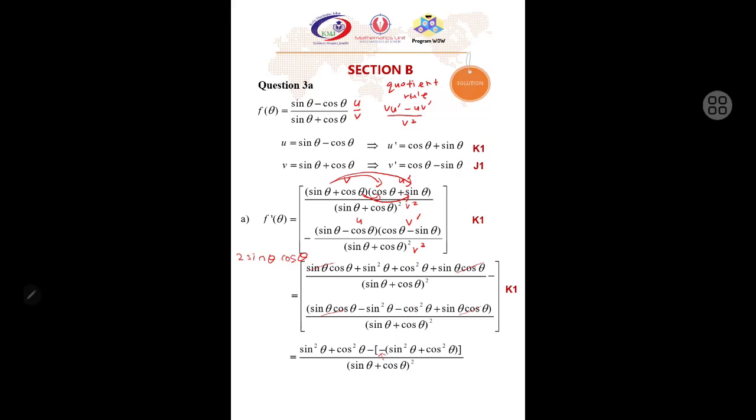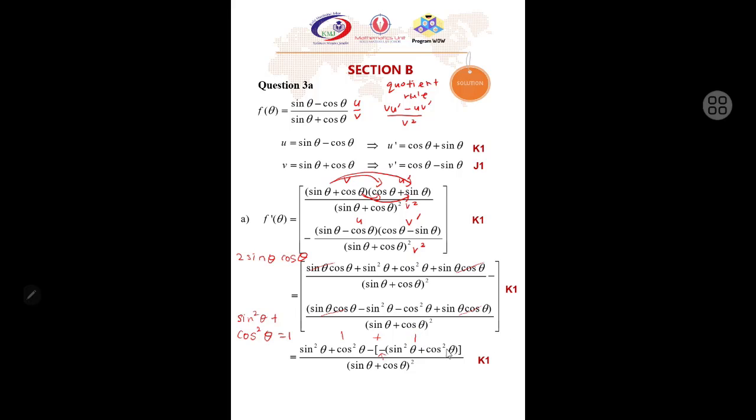So please be careful. If you don't want to factor out, just write down negative here. But to make this simple, we factor out negative. So by using the trigonometric identity, sine square theta plus cos square theta equals to 1, here 1 minus, so plus 1 plus 1.